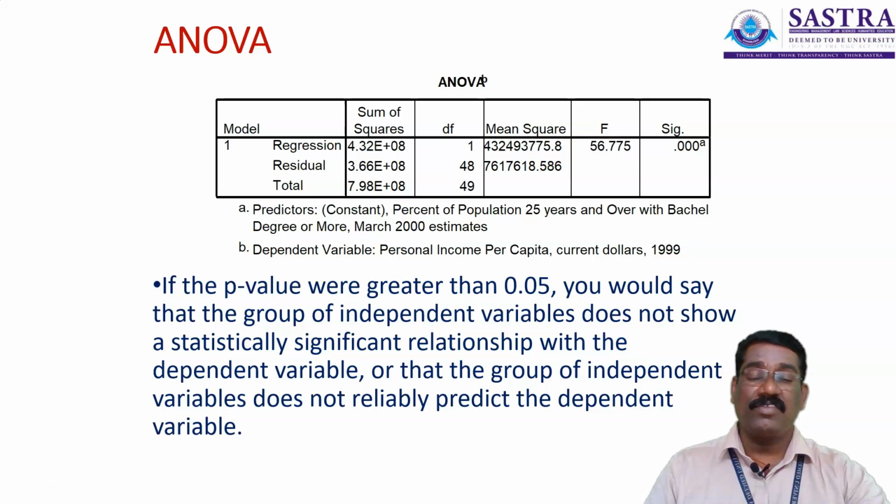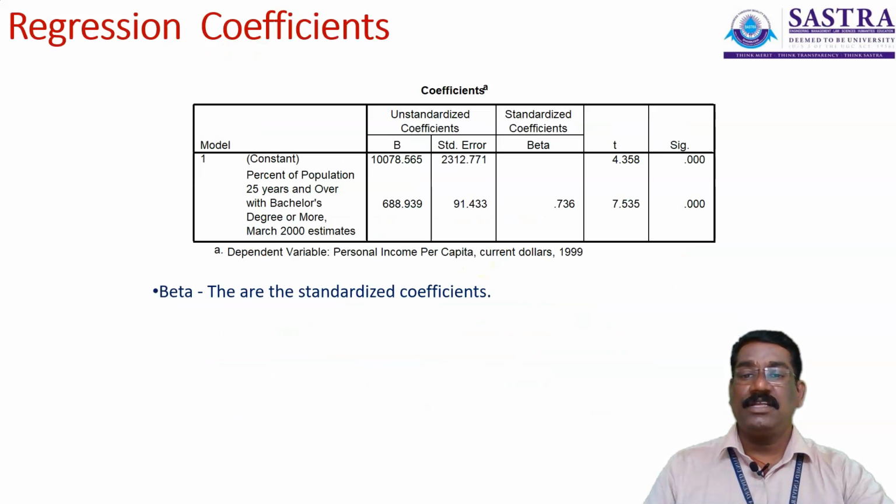But in this case, it is lesser than 0.05, and we can conclude that yes, there is a statistical relationship between the independent variables and the dependent variable, so that the group of independent variables reliably predicts the dependent variable in this case. Next one is the regression coefficient.